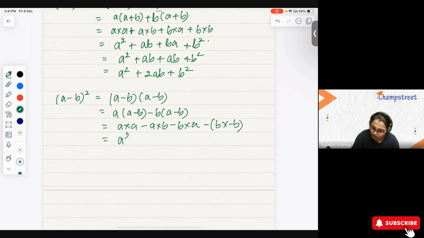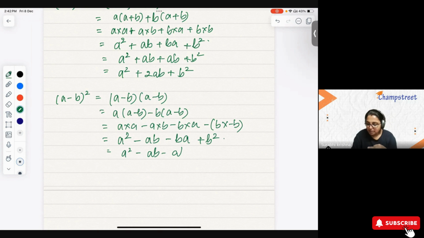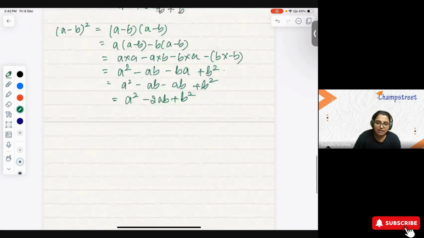So this will be a square, minus ab, minus ba, and minus into minus b square is nothing but plus b square. Since the multiplication is commutative, I'm going to take minus ba as minus ab. So a square minus ab minus ab plus b square. So a square minus 2ab plus b square. Easy. Do I have to memorize this? No. If I don't memorize it also, no problem. I can derive it on the spot.